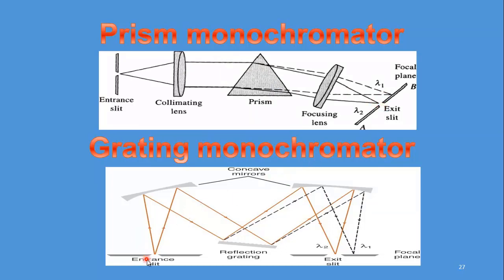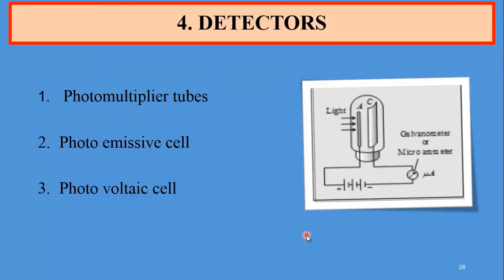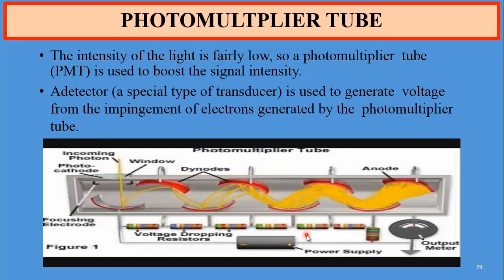And this is a diffraction grating which will convert different types of wavelengths so that only a single wavelength falls. Then detectors: photomultiplier tube, photoemissive cell and photovoltaic cell are generally used in flame emission spectroscopy. Photomultiplier tube is also abbreviated as PMT.